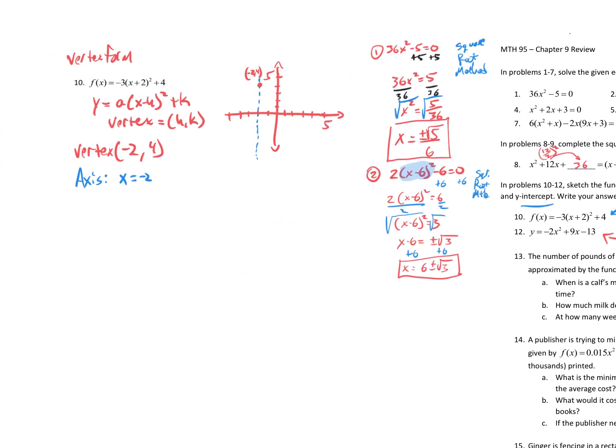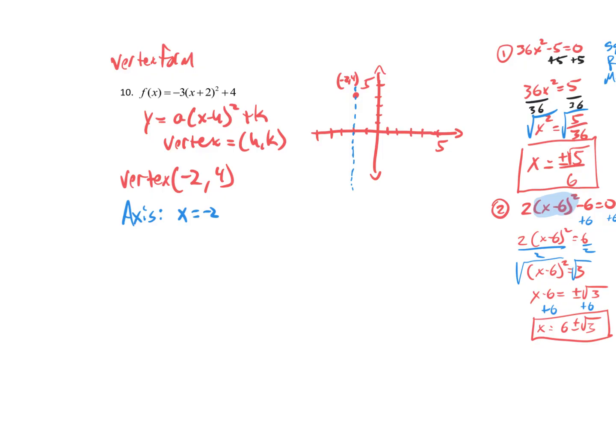So let's find our x-intercept. Our x-intercept happens when y is 0. So we can take our equation and set y equal to 0. 0 equals negative 3 times x plus 2 squared plus 4. Let's solve that. Subtract 4 from both sides.